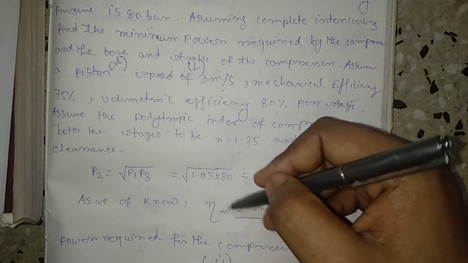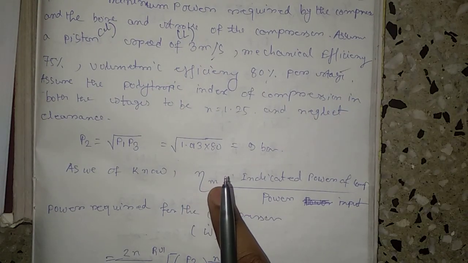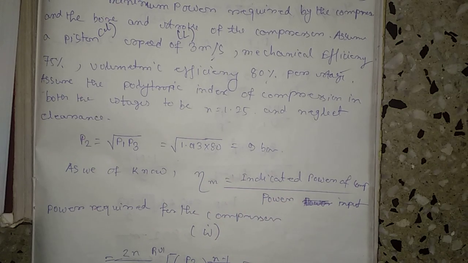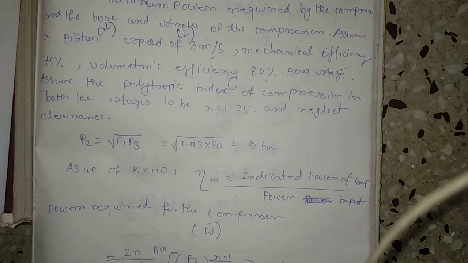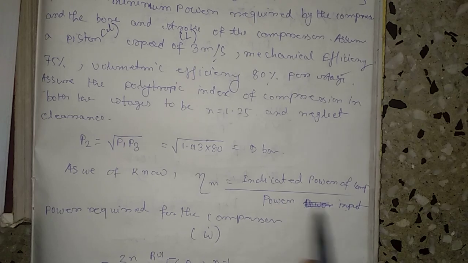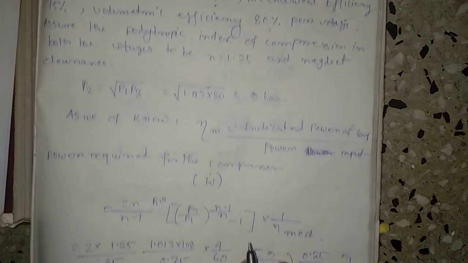Now, mechanical efficiency is defined as the indicated power of the compressor divided by the power input. Now, the power required for the compressor, meaning the power input, will be the indicated power times 1 by mechanical efficiency.